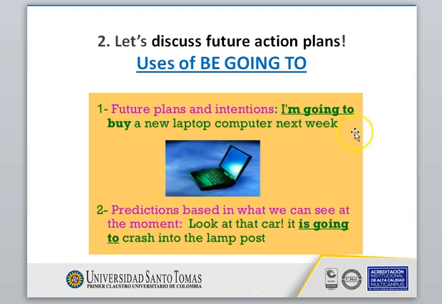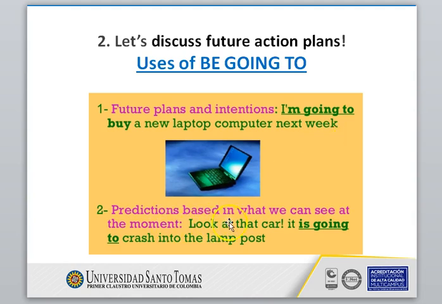So here, make sure you use the complete form. The verb to be needs to be conjugated appropriately according to the subject pronoun you're using. And then going to will always be the same, right? The principal verb here, buy, will be in its base form, right? And then just an expression of time at the end, like next week, next month. So that makes it clear that it's a future plan.